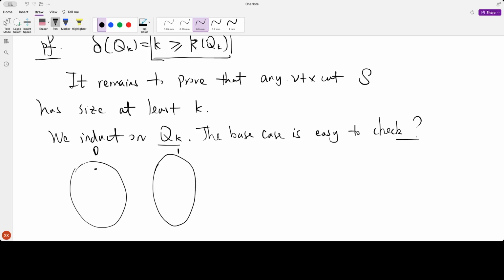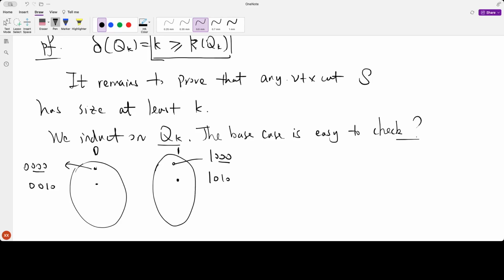For example, this vertex is 0, 0, 0, 0 and this vertex is 1, 0, 0, 0, because here are all the vertices starting with 1 and here are all the vertices starting with 0. Let's say k equals 4 for simplicity. Here, for example, I got a vertex which is 1, 0, 1, 0, and this one should be 0, 0, 1, 0.